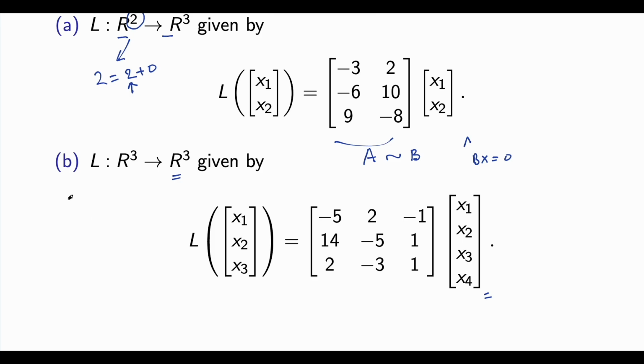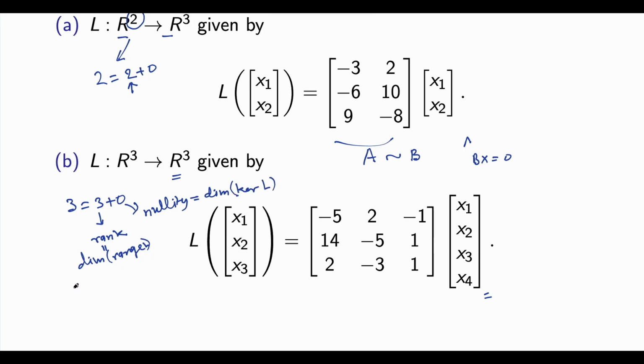So 3 can be written as 3 plus 0, right? So this is rank and this is nullity. Rank means dimension of range, right? And nullity means dimension of kernel, right?